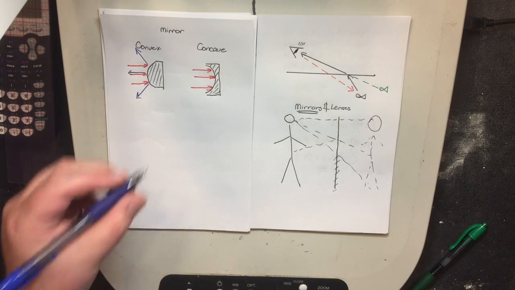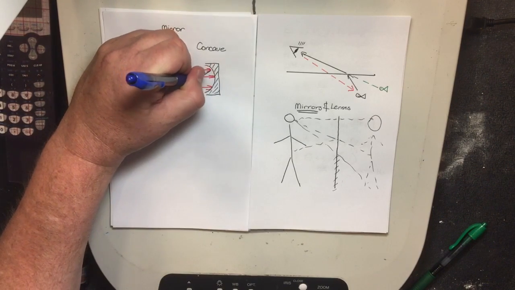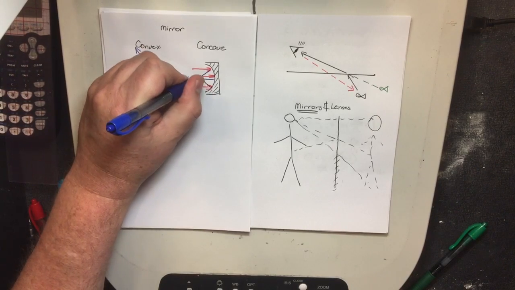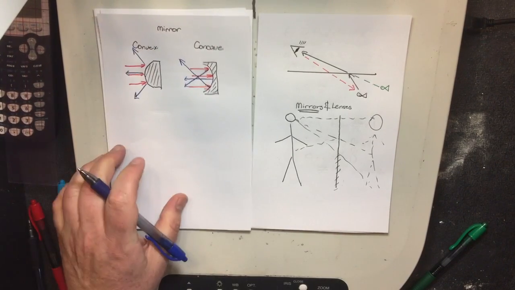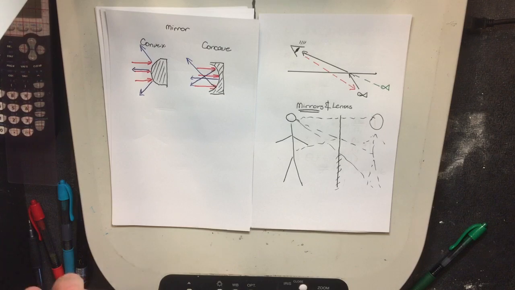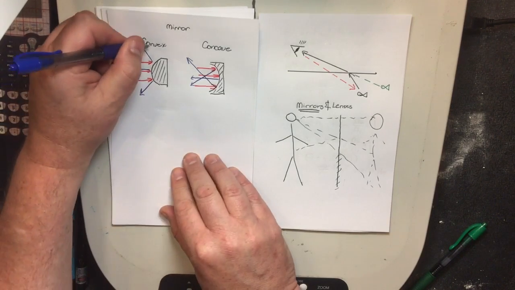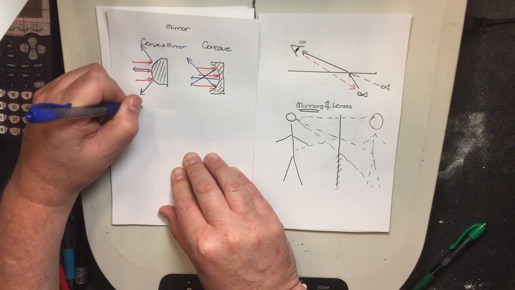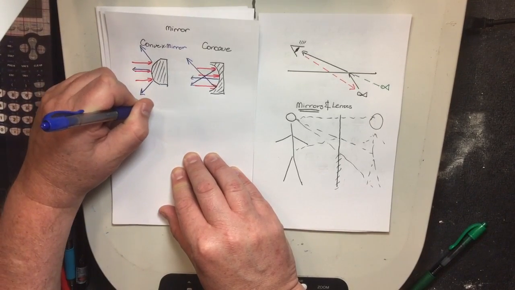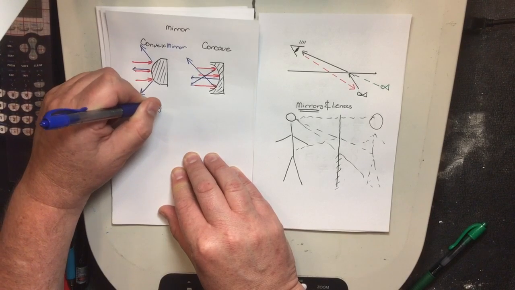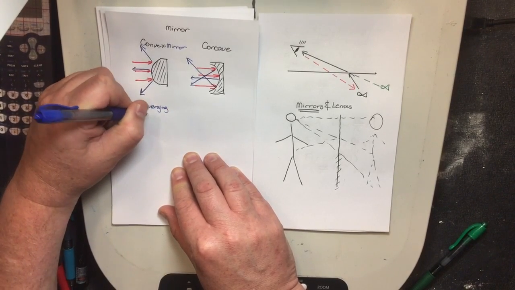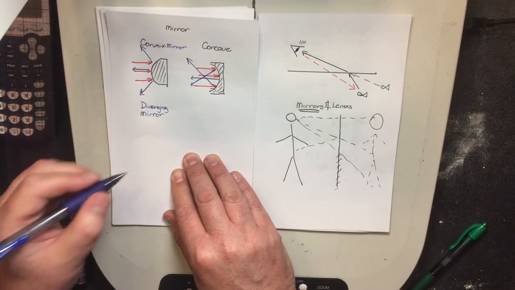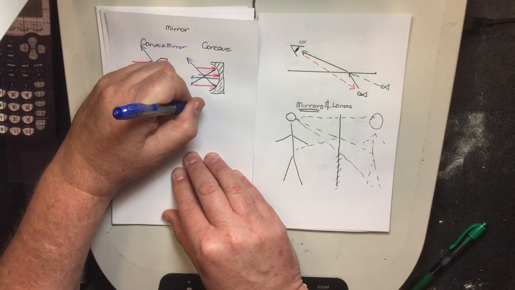In a concave mirror, the light again is reflected, but it converges. This means that a convex mirror is a diverging mirror. A concave mirror is a converging mirror.